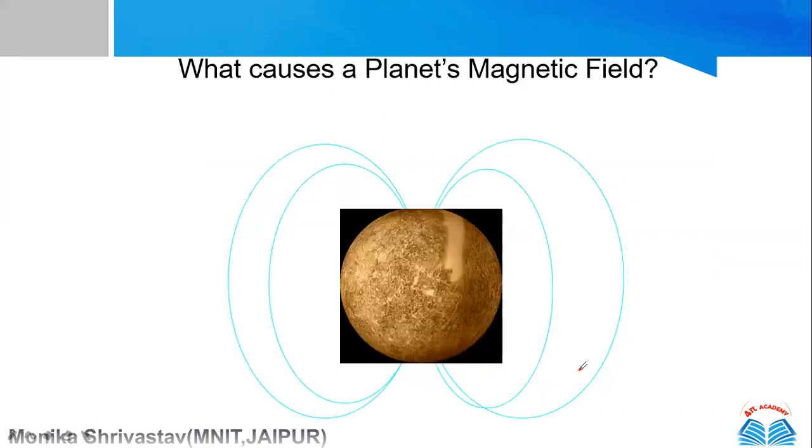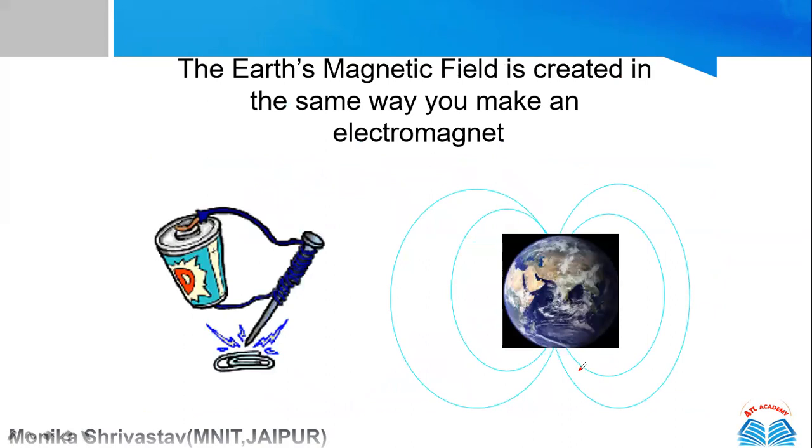Now a question arises: what causes a planet's magnetic field? What is there inside any planet that will cause a magnetic field? The Earth's magnetic field is created in the same way you make an electromagnet.